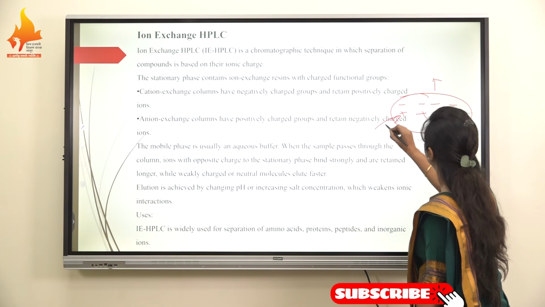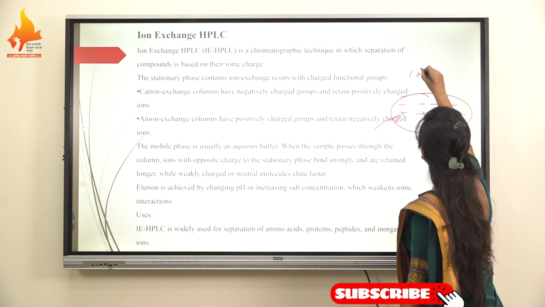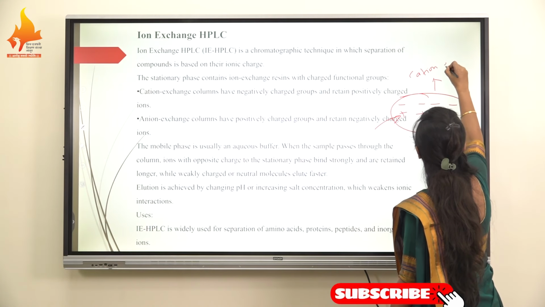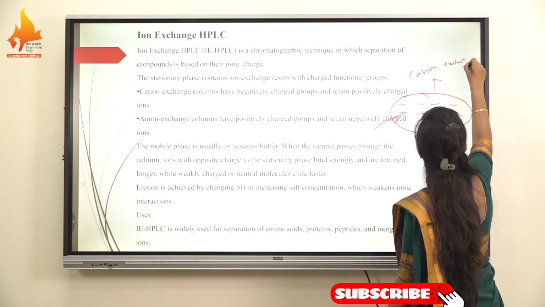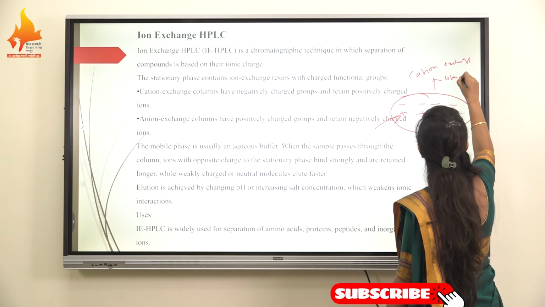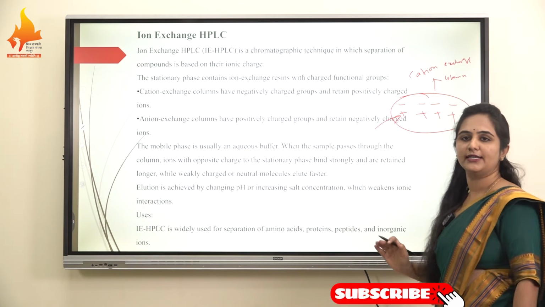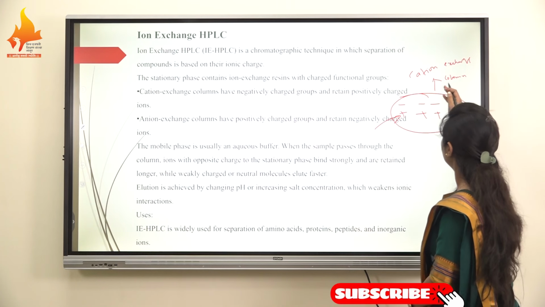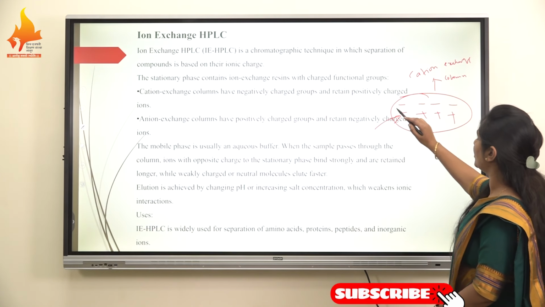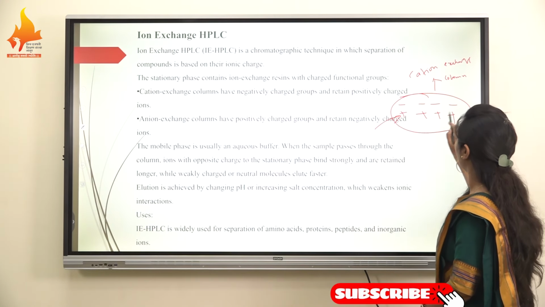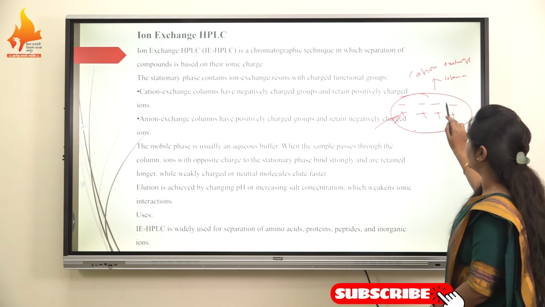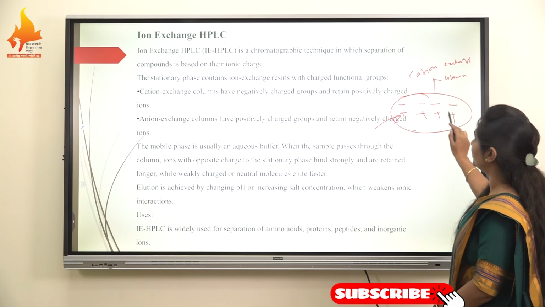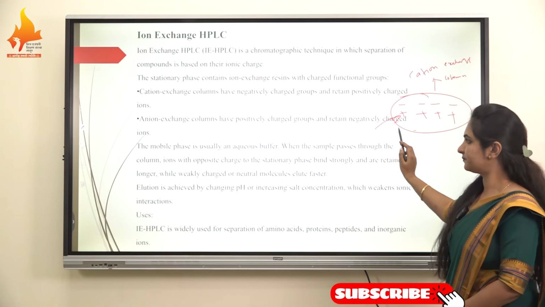When the mobile phase enters the cation exchange column, the negatively charged group retains the positively charged ions from the mobile phase.